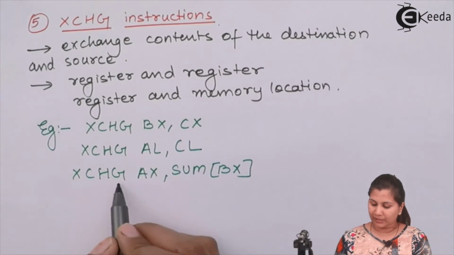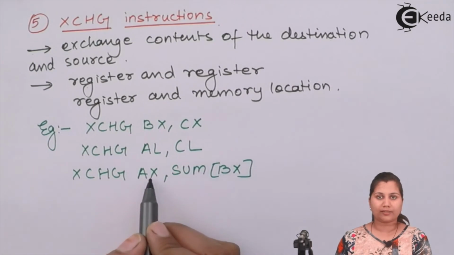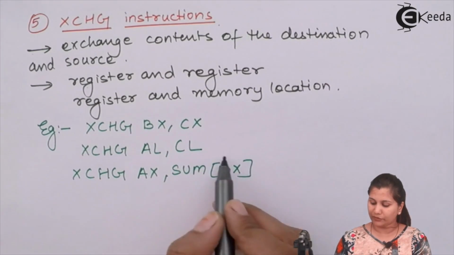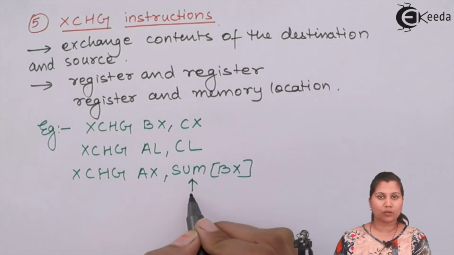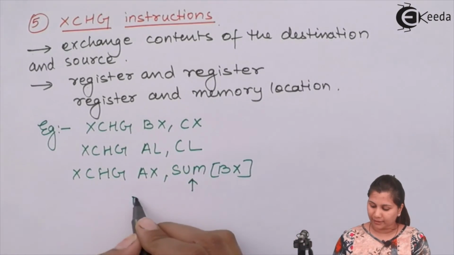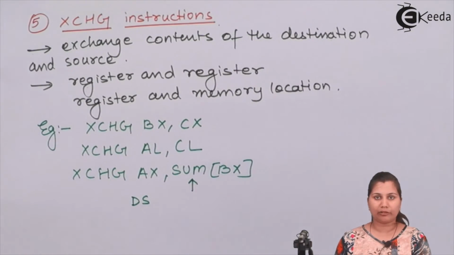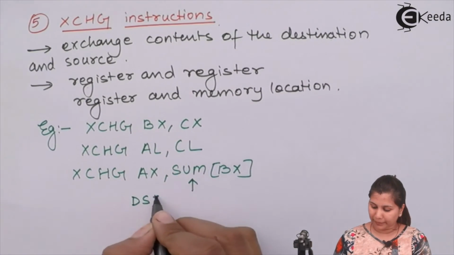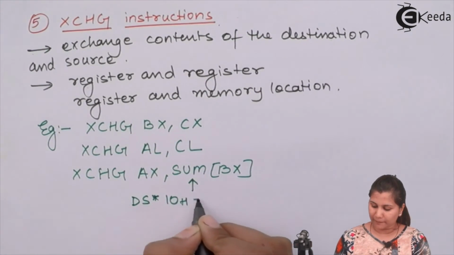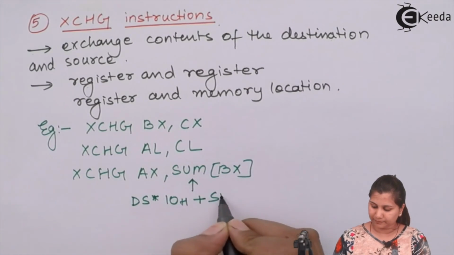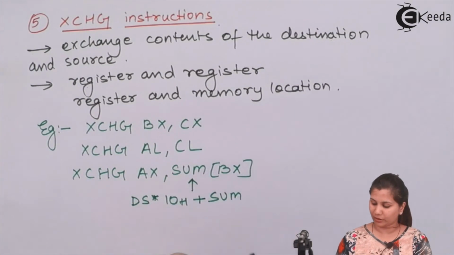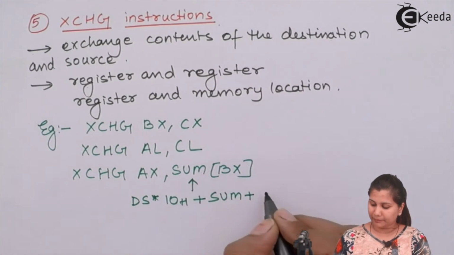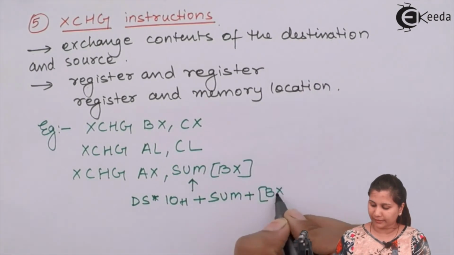Now here we have exchanged the contents of the AX register with the contents of this memory location. This memory location's address is obtained by adding the data segment address DS multiplied by 10H, plus the displacement provided in the instruction, plus this BX register's contents.